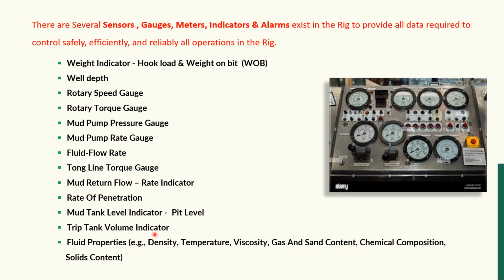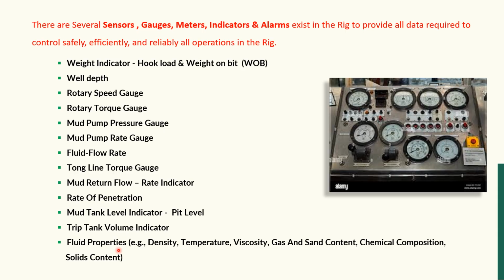Okay, and the last one is the fluid properties. Fluid properties means the density of the fluid, the temperature, the viscosity, gas and sand content mixed with the fluid, and the chemical composition and solid content mixed with the fluid. All these indicators are automatic systems, but the fluid properties are checked manually by the mud logger.